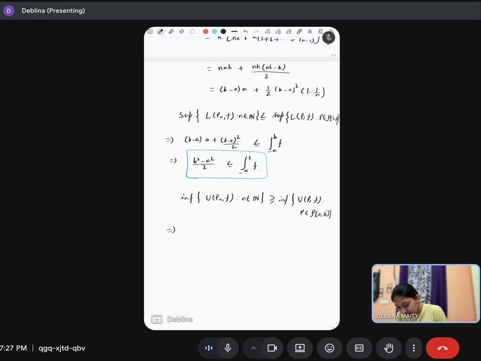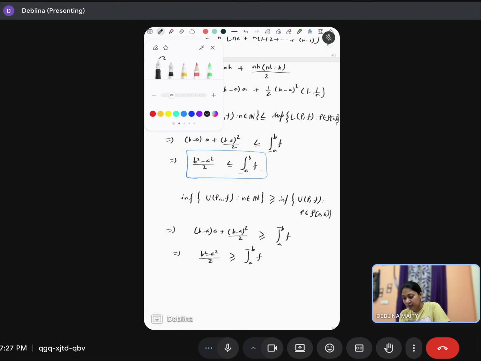So this implies this value is the same, and this value is what? This is the upper integral of f. So we have, right, these two relations.